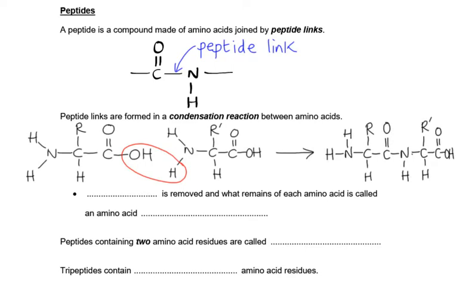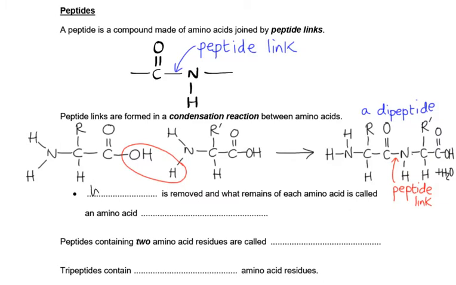This would be a dipeptide. Got two amino acids in it, joined by one peptide link. And remember that we've lost some water, so you could put plus H2O somewhere if you can squeeze it in.